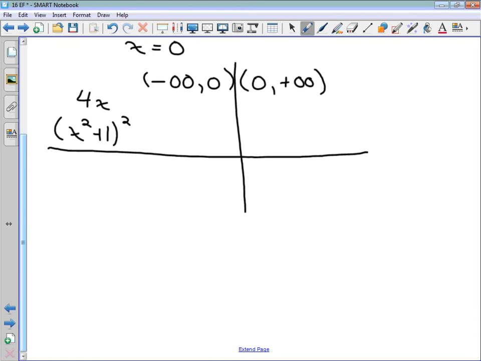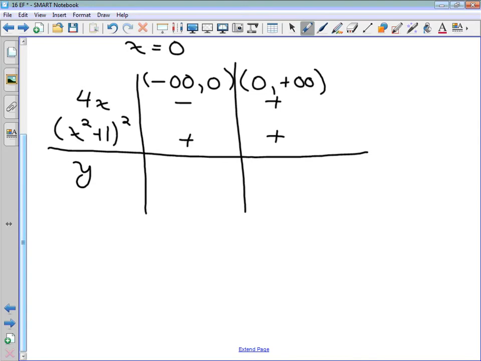So let's see. 4x, if x is negative, 4x is going to be negative. If x is positive, 4x is going to be positive. This term that we have down in the denominator, because the whole thing is squared, is going to be positive no matter what we do.